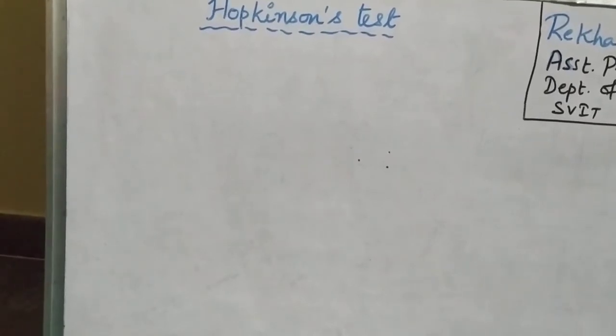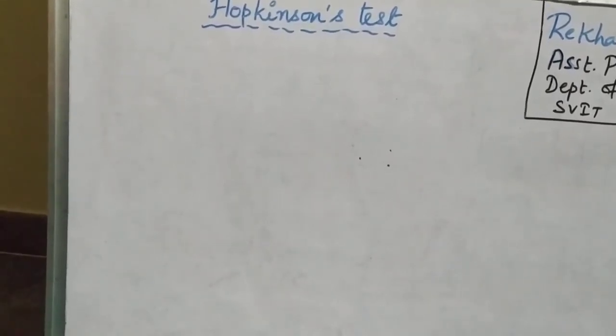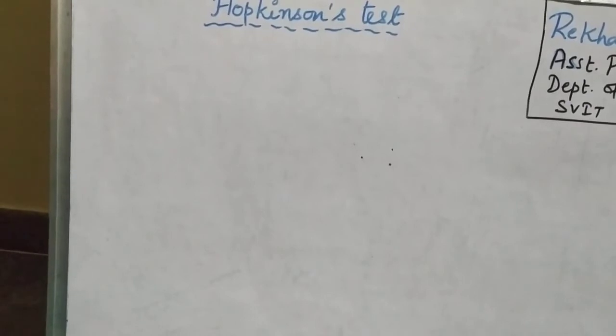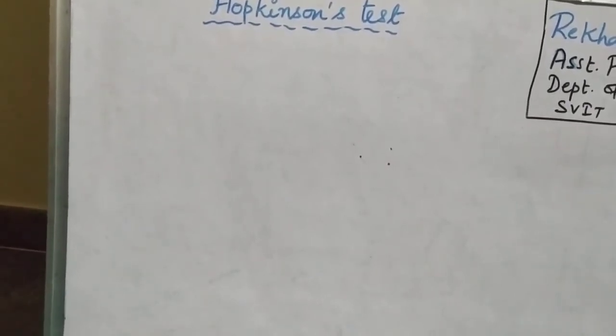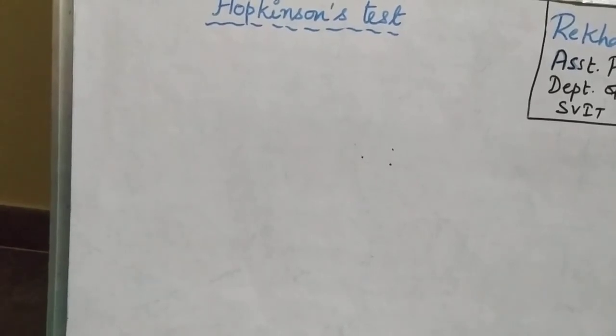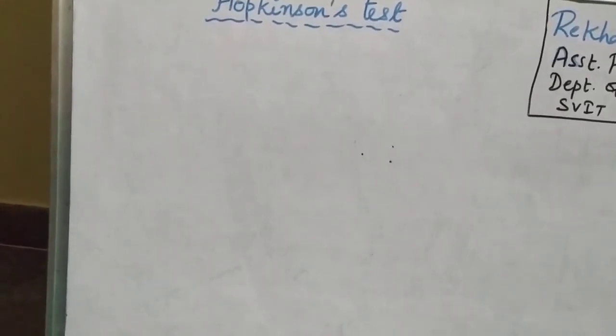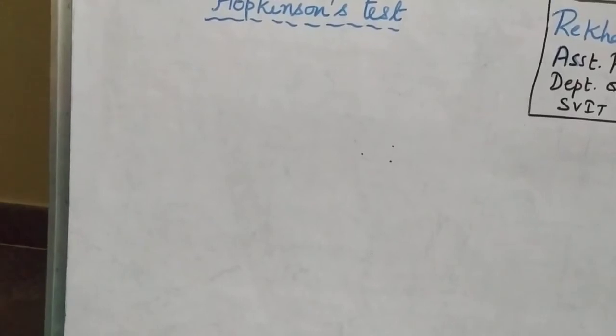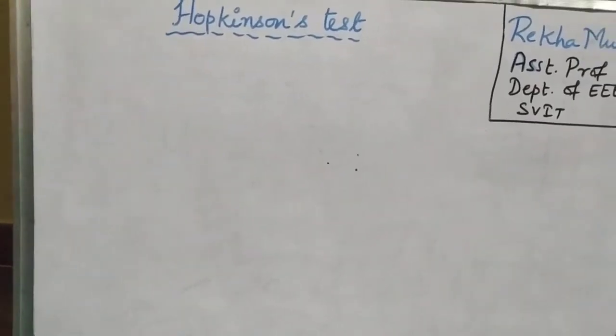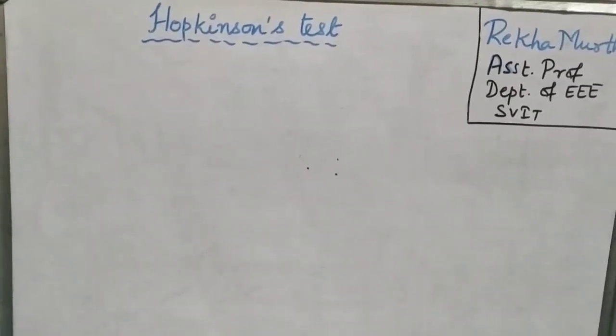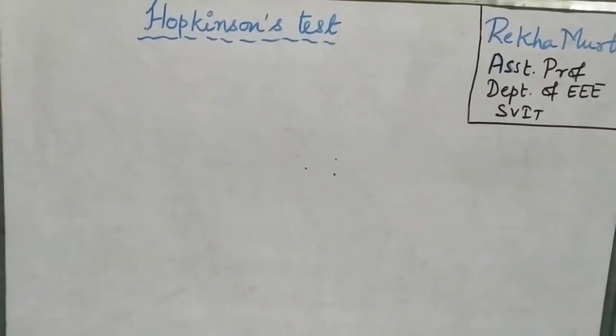And one more thing, we were not able to get the temperature rise value of a machine. We assumed there is some rise in temperature at full load, which we cannot check at a no-load condition. All these disadvantages can be overcome by using Hopkinson's test.